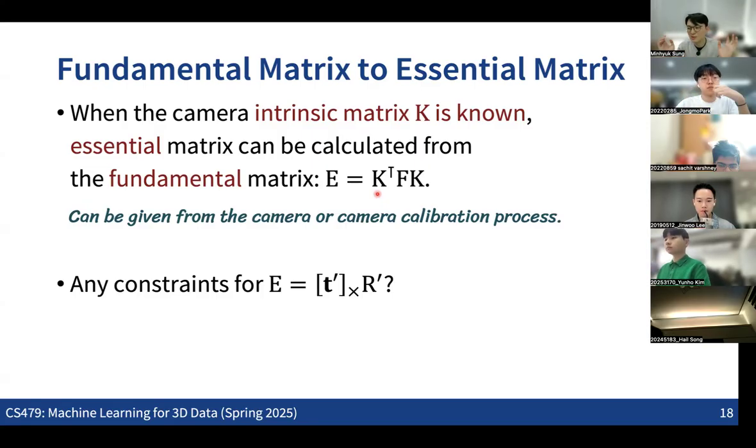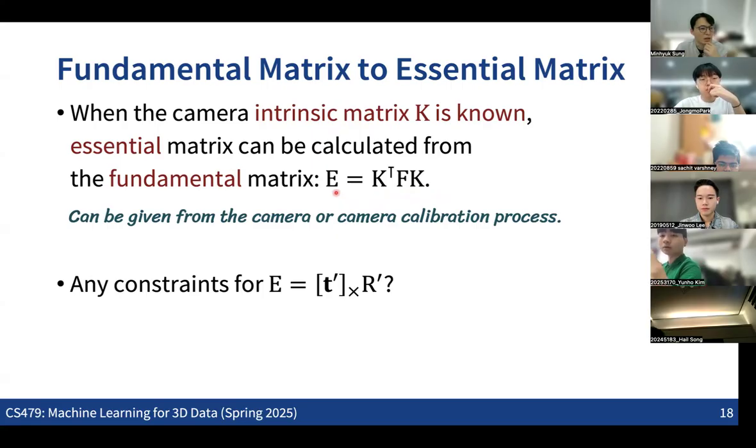Depending on which devices we used for those photos, the intrinsic matrix for each of the images will be different, right? Then you need to see what intrinsic matrix we need to multiply here. The intrinsic matrix that we are multiplying here can change depending on the images that we are using. So this is one important thing that I skipped in the slide. But anyway, by multiplying the intrinsic matrix, we can get the essential matrix here.